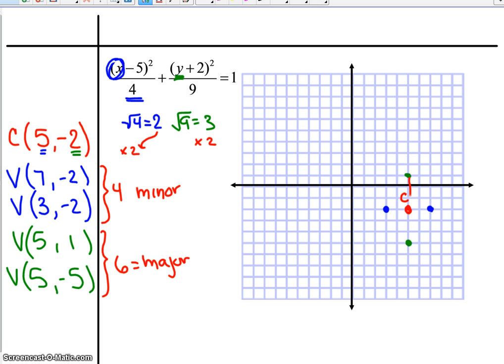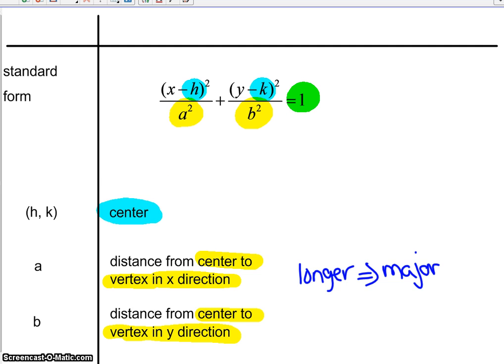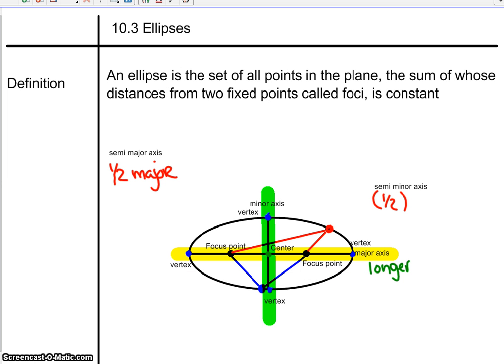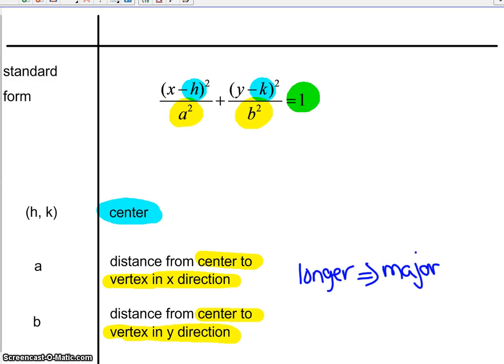So if I sketch that in, now I could actually sketch my ellipse. But if I go back and look here, the only piece that I'm missing from this first page is I still need to find my focus points.